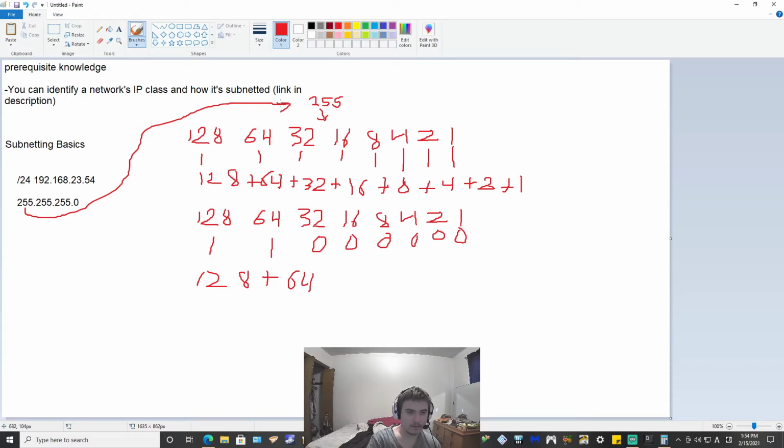These numbers that you see right here are the bits of our first octet. Because if you add 128, 64, 32, 16, if you add all these numbers, you will end up with 255. So in IP addresses, the numbers in the octets go up to the number 255 before they switch over to the next number, right?